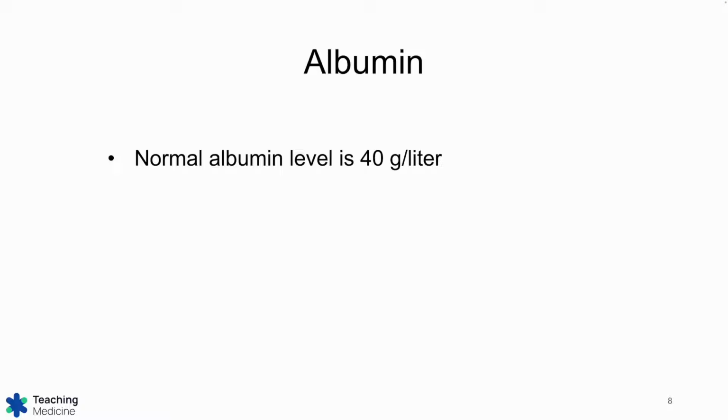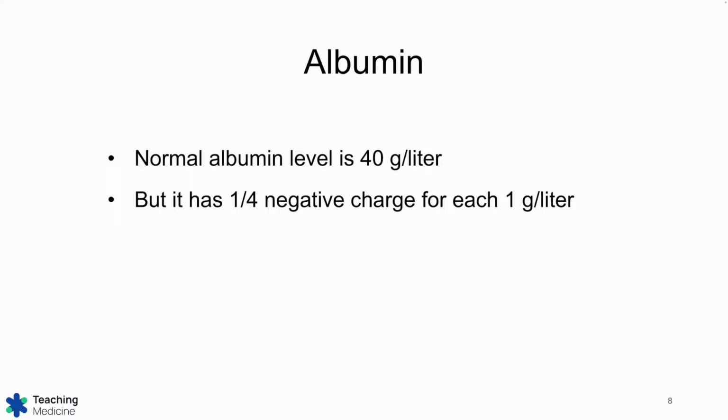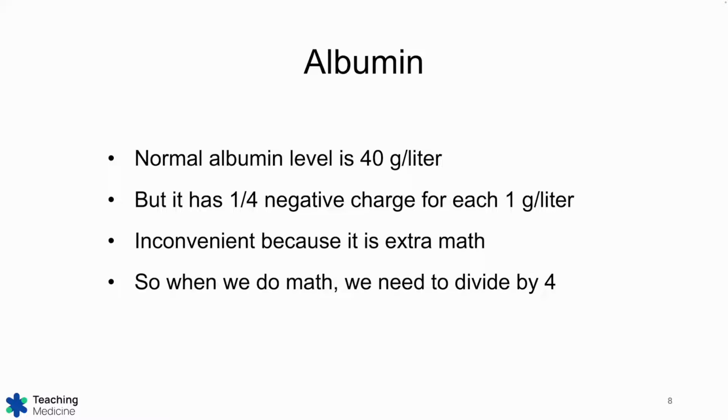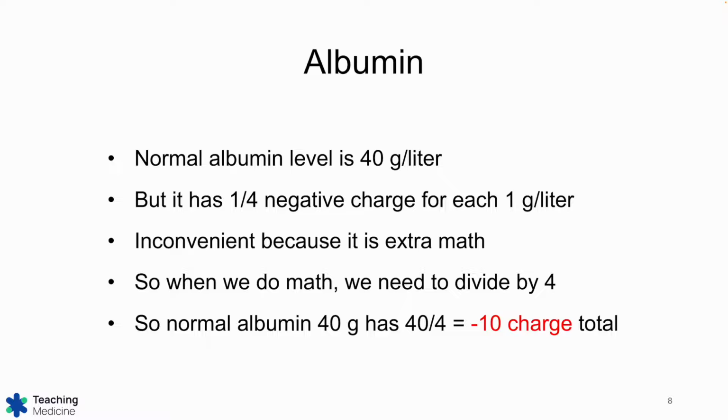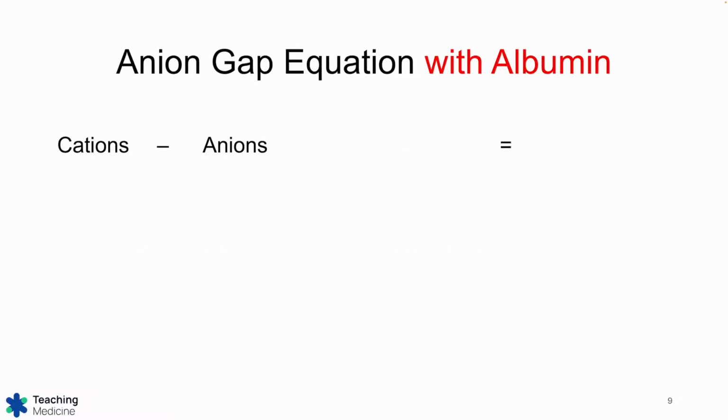A normal albumin level is about 40 grams per liter, and albumin has a 1/4 negative charge for each gram per liter. So what does this mean? Well, it means it's inconvenient because we have to do some extra math and divide by 4. But basically, when you have a normal albumin level of 40 grams, it contributes about a -10 charge to the equation. So let's take a look and see what that looks like.